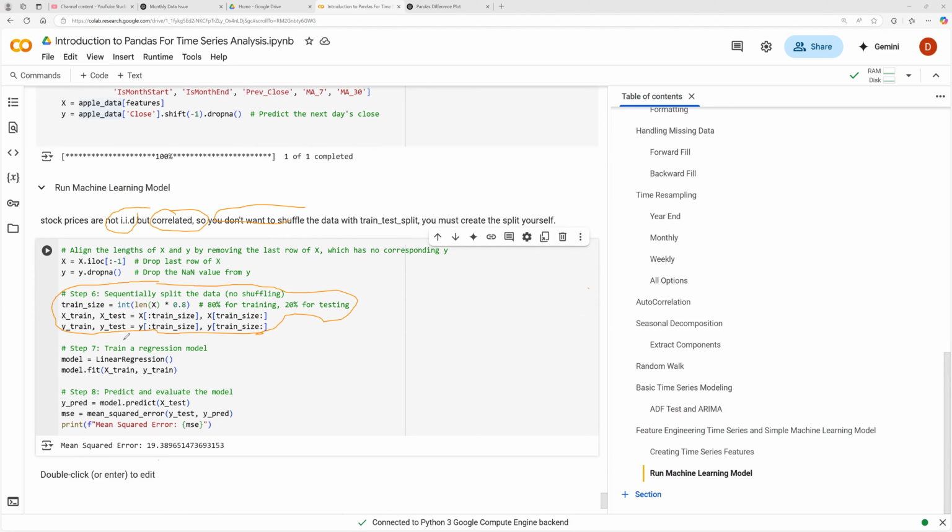So if I fit it and go through the standard machine learning workflow, I initialize the model, I fit the X train and the Y train, and then I predict the X test and I get the error. 19, which is actually bad, because our stock price is not that high.